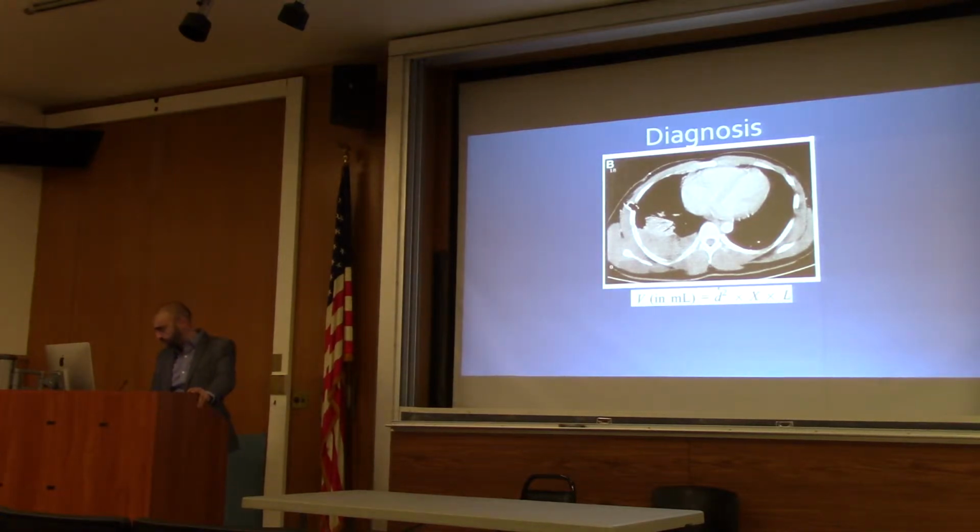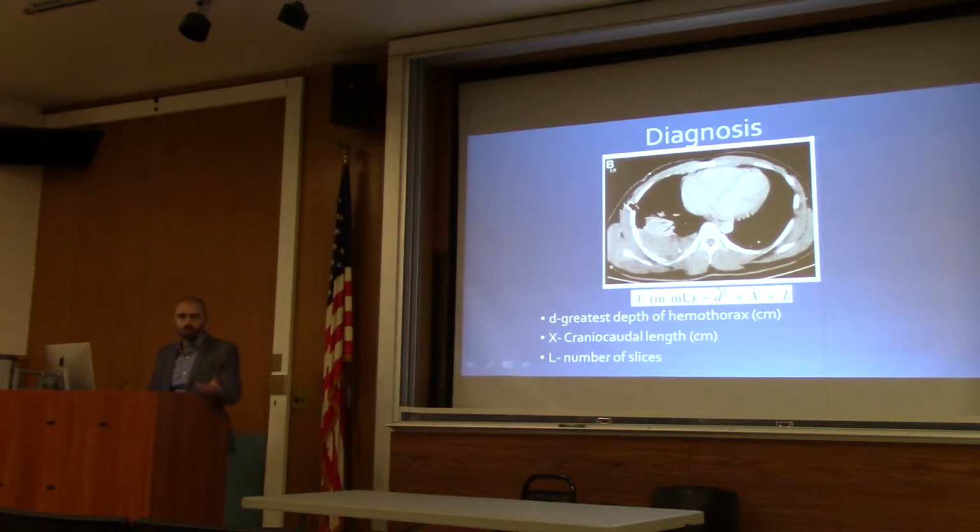I forgot which paper it came out of, but it seems to be widely accepted, where D is the greatest depth of hemothorax, multiplied by craniocaudal length and multiplied by the number of slices. So imagine it's approximately a cylinder in your chest. You get your volumetric measurement based on a CAT scan, and then you proceed.